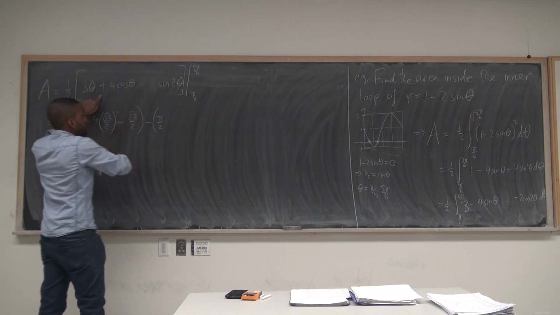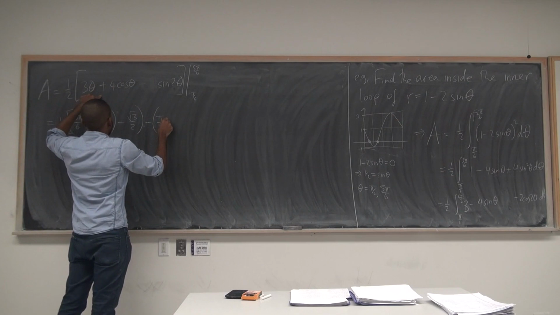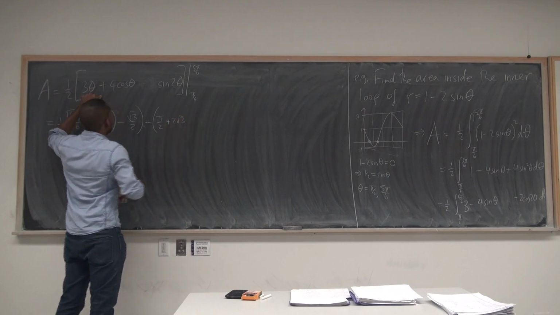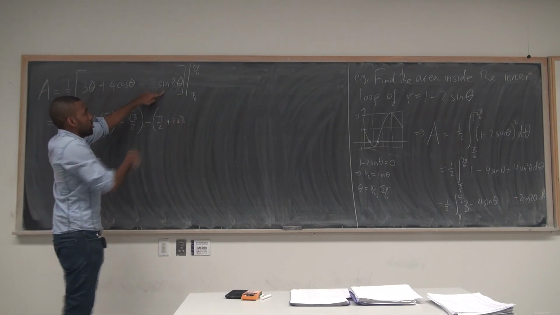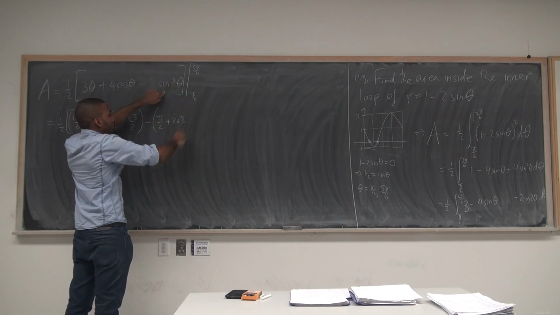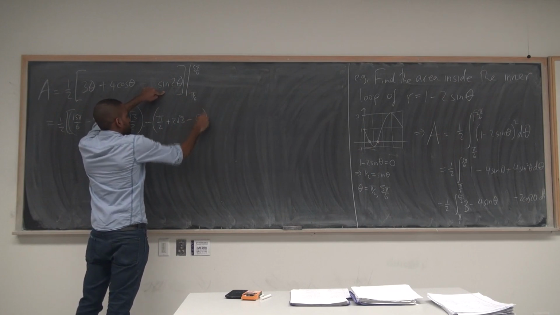Plug in pi over 6 into cosine. Plus 4 radical 3 over 2, so it's 2 radical 3. Plug this guy into here, 2 cancels into the 6, I just get pi over 3, sine of pi over 3. It's again radical 3 over 2.